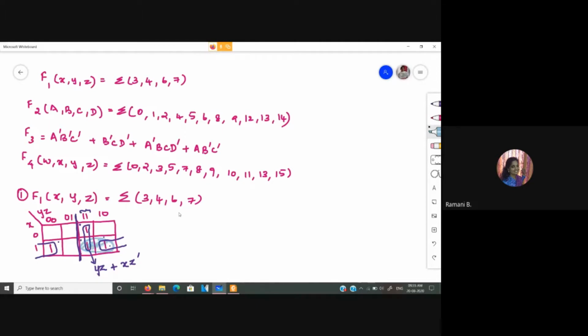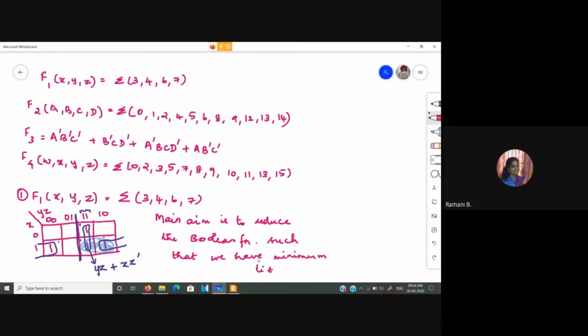Actually you can very well use it, but generally with K-map the main aim is to reduce the Boolean function such that you have minimum literals, thereby reducing the hardware involved.